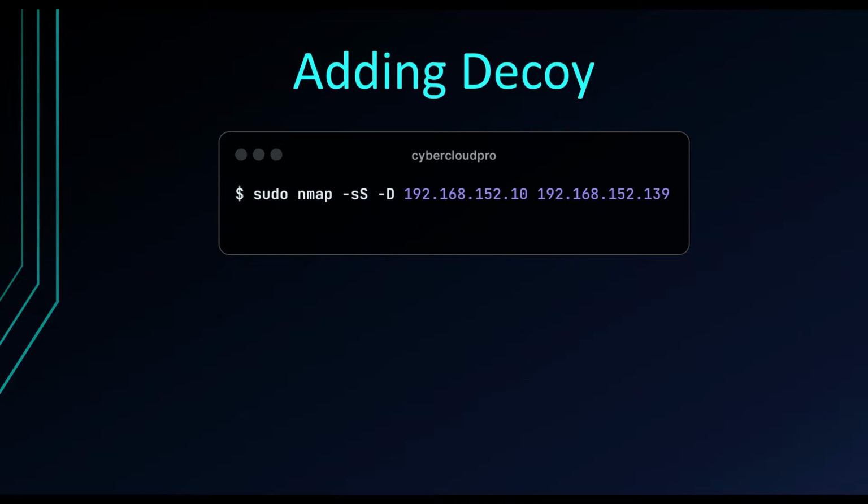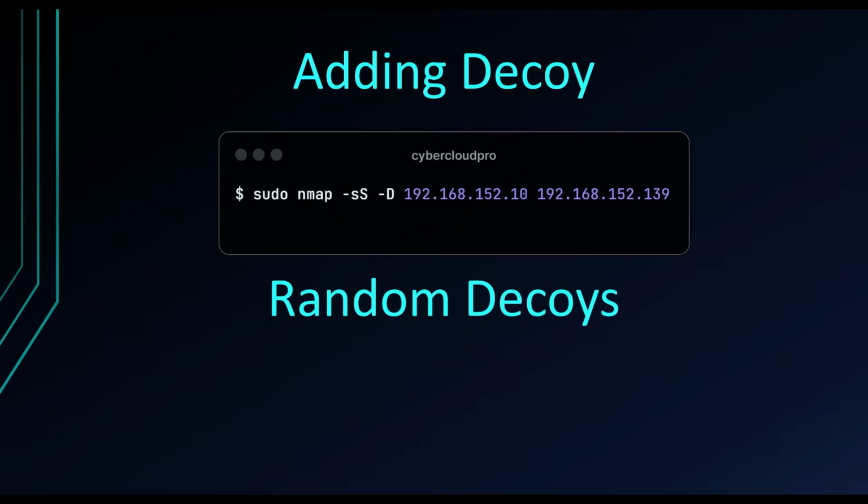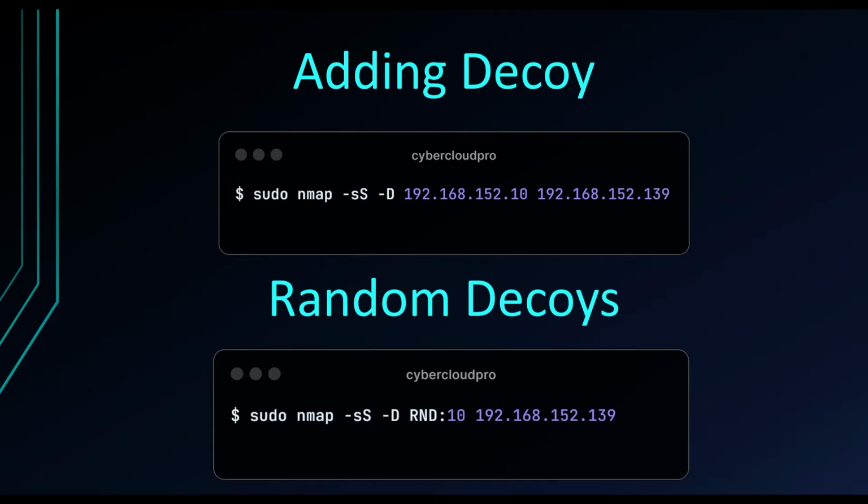There is one more thing that you can do to annoy someone on the network: random decoys. With this option, you can add a number of random decoys to the scan. This could be used to do a DDoS attack, maybe.